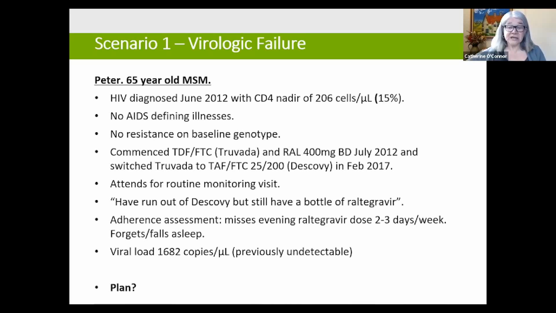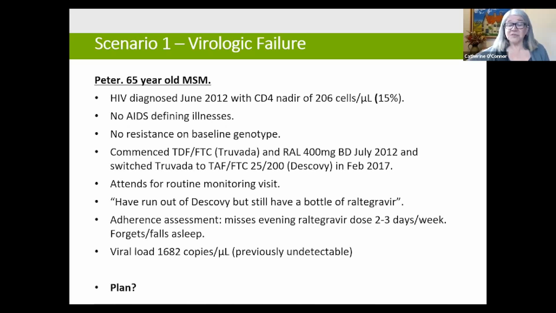So he attends for a routine monitoring visit, and he tells you that he's run out of Descovy, but he's still got a bottle of raltegravir. And of course, being a very sensible GP, your alarm bells ring, and you do an assessment of his adherence, as you do at every visit. And it turns out that probably he's missing 2 or 3 doses of raltegravir a week.